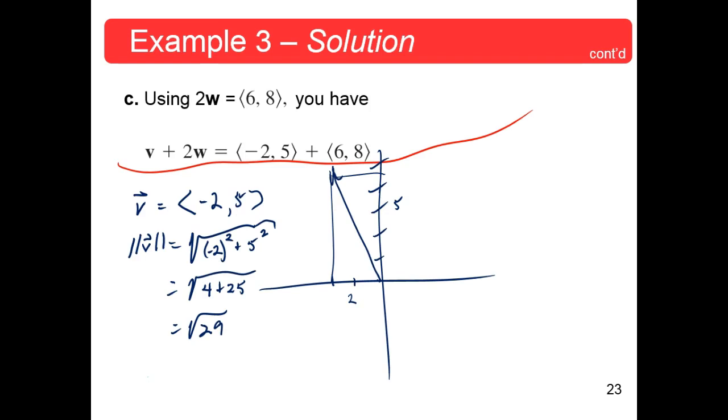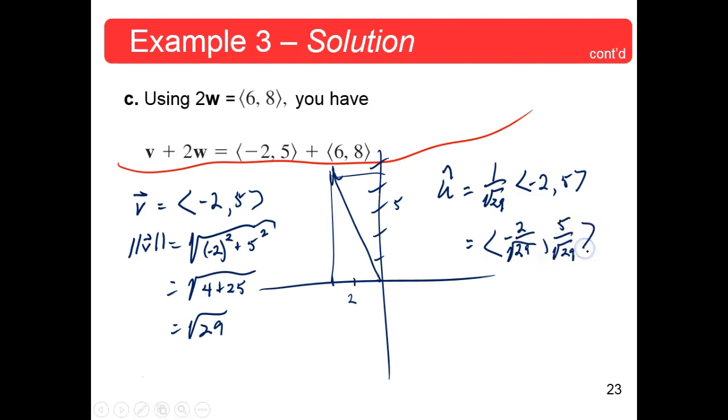So that would be the unit vector. Now I write a unit vector that way with a caret on top. Not a cherry. And that would be 1 over root 29 times the vector v. Well, the vector v is negative 2, 5. Or a neater way of writing that is the vector negative 2 over root 29, comma 5 over root 29. Sounds like the highway, doesn't it?